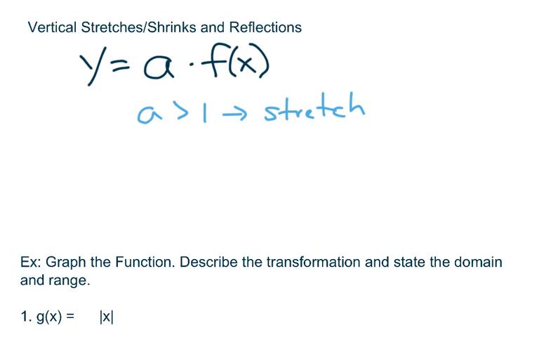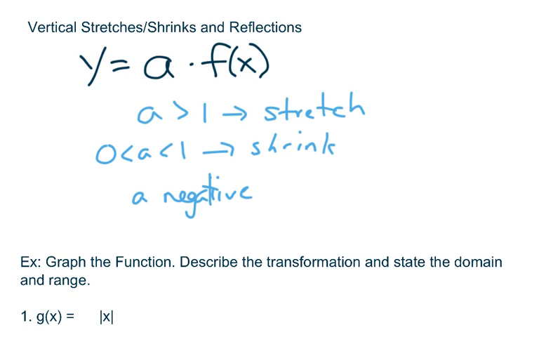If a is between 0 and 1, that is a shrink. And if a is negative, that is a reflection in the x-axis. We're going from like quadrant 1 to quadrant 4.